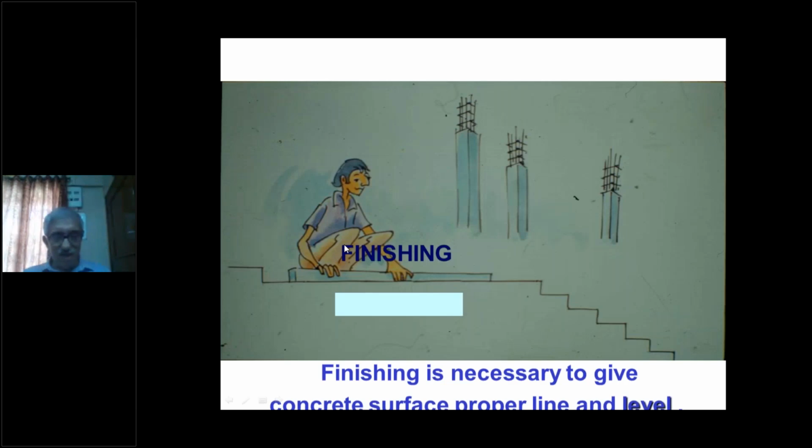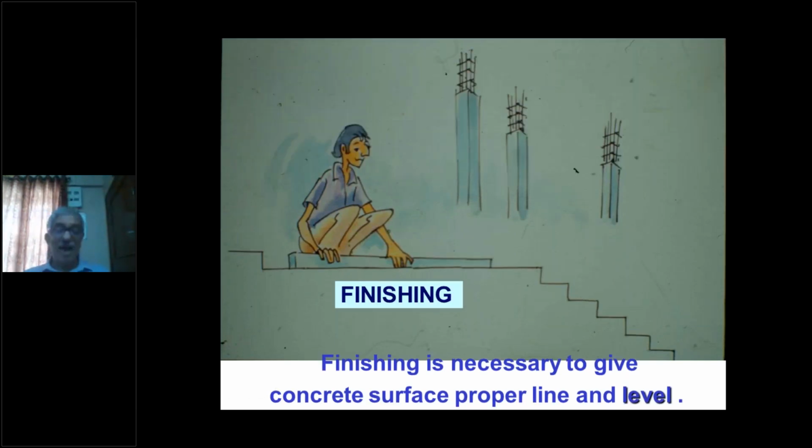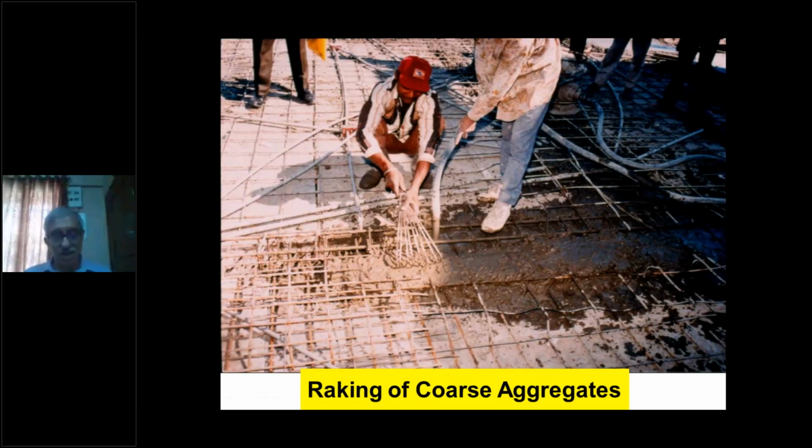Finishing is very necessary and concrete must be finished to proper line and level. Now, many times while finishing, we have noticed that sometimes over vibration of the concrete on the surface takes place, which is bad. Because if the aggregates are missing, the concrete at the surface starts cracking faster.